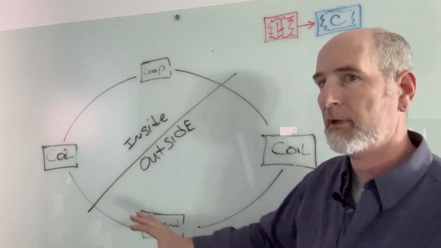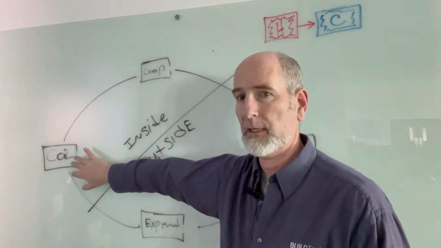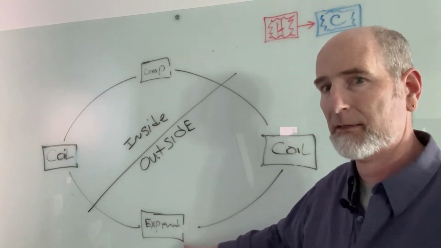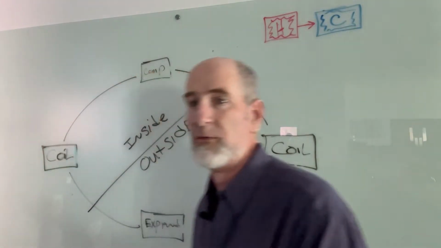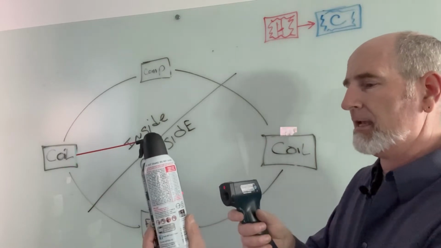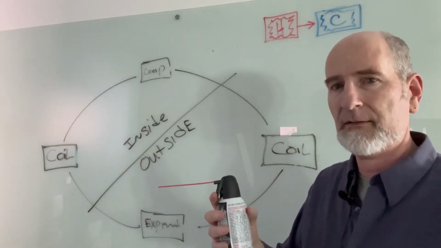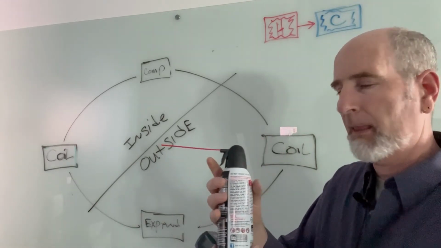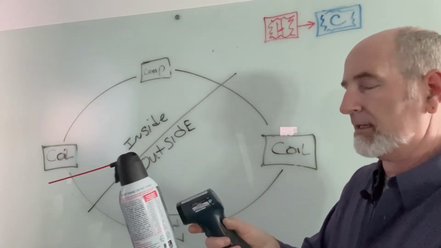So for example, if I'm trying to cool my house, then I need to make this coil really cold. How do I make the coil really cold? Well, I need to expand the refrigerant, and by expanding the refrigerant, I can make it cold. So for example, if I have compressed air inside this can here, and the temperature of that can is 65, if I expand the air by allowing it to flow out of this can and take its temperature again, it's now at 60 degrees.